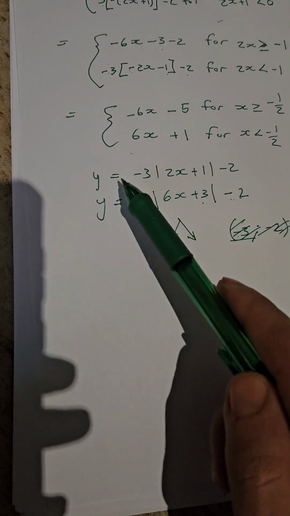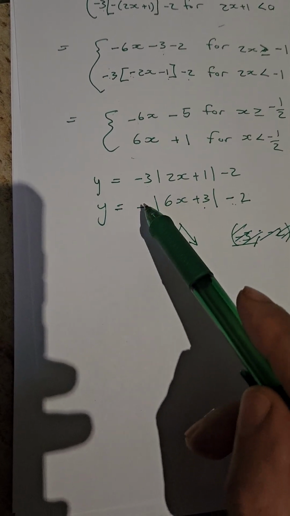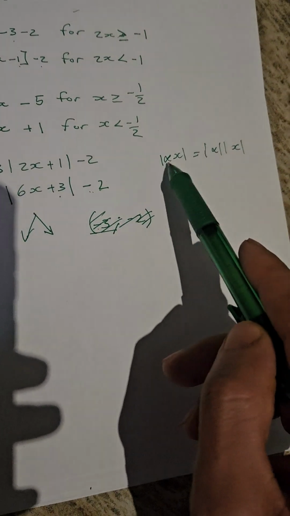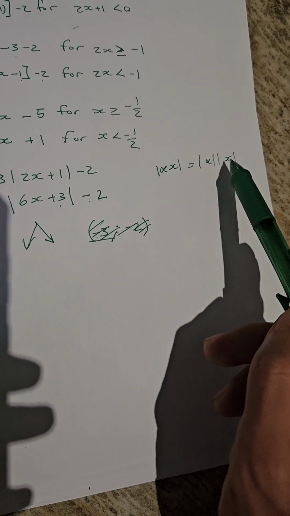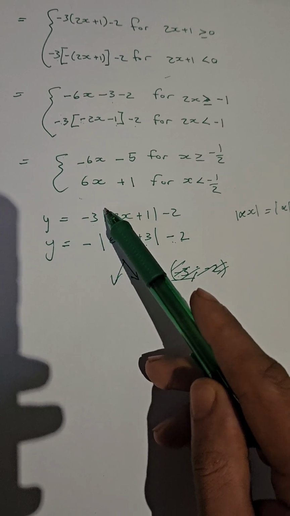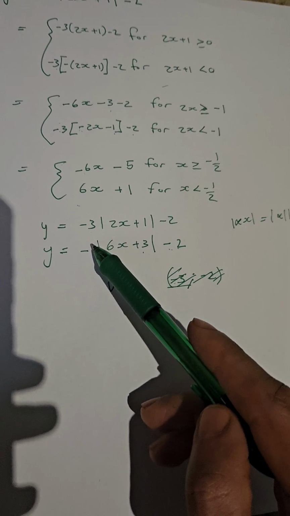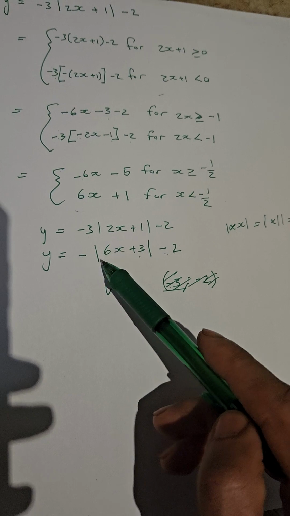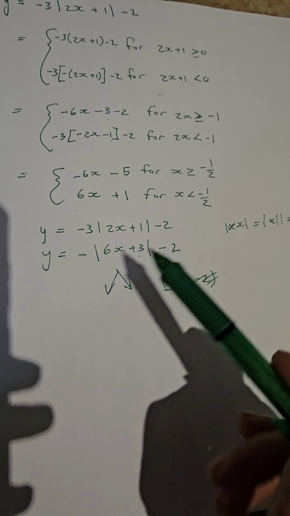To determine where it starts from an x value and what its slope would be, to draw it using the more analysis-based method, I need to remember that alpha x is the same as absolute value alpha, absolute value x, like this. So that means negative absolute value 3 times absolute value 2x plus 1 would be the same as, keeping my minus, only taking in the positive number, negative absolute value 6x plus 3, keeping my minus 2 there.